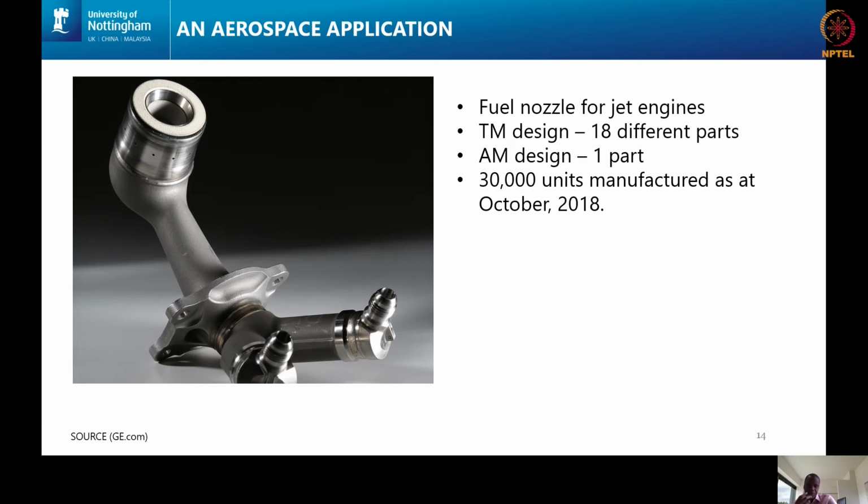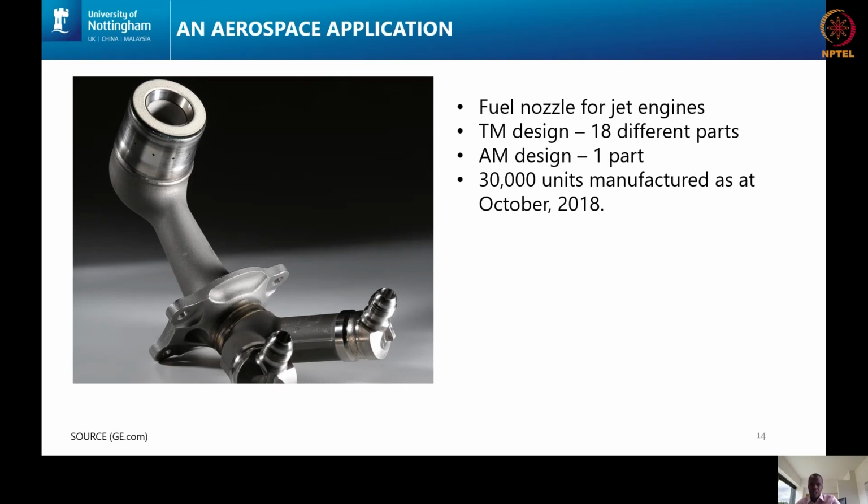So again, just reflect a little bit about the impact on the supply chain. Think about those 18 different parts. Think about where those parts come from, the suppliers, their locations, the intermediate manufacturing processes, the assembly requirements involved.